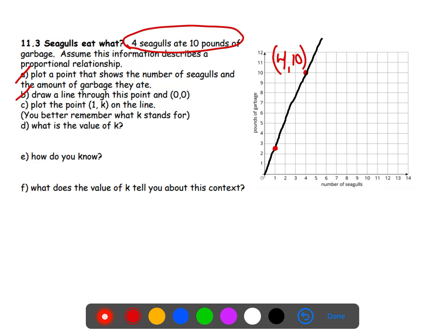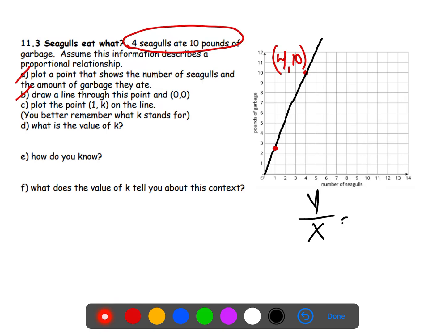All right, so to find the k value, we can always take our y and x locations of our ordered pair. We can take our y quantity and divide it by our x quantity, just like we were doing in tables, to find that constant of proportionality.